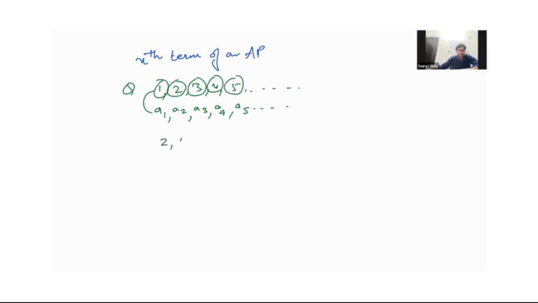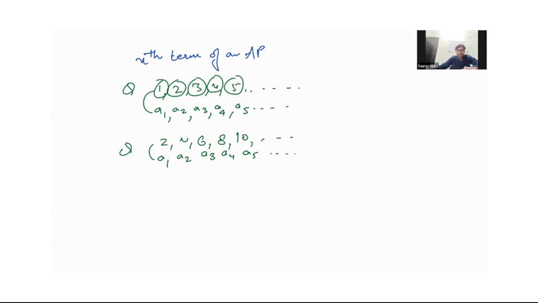Similarly, if I write 2, 4, 6, 8, 10, this is an AP. Its first term is A1, second term is 4, third term is 6, fourth term is 8, and the fifth term is 10.